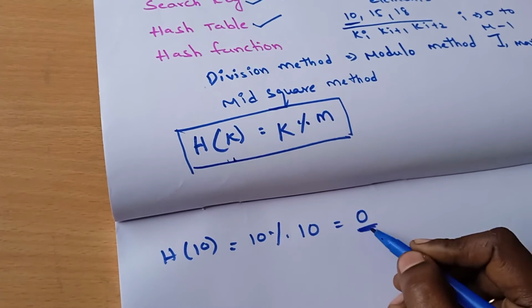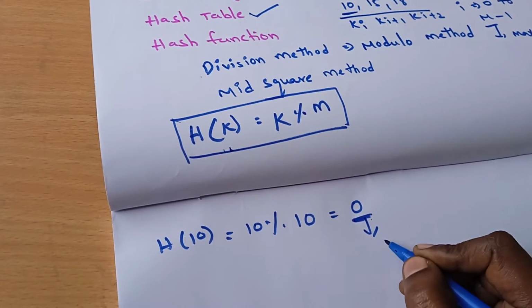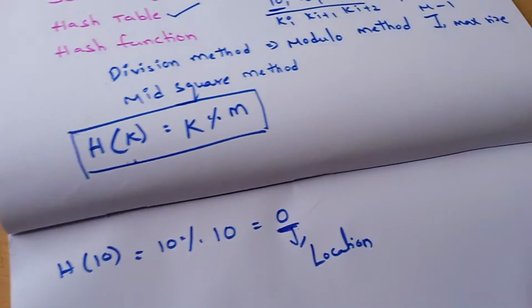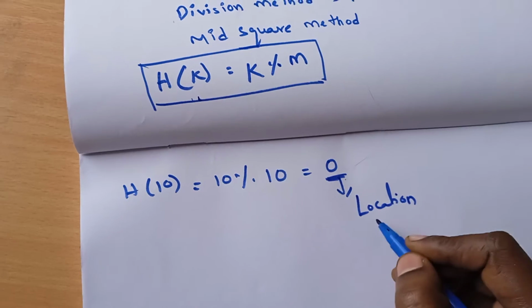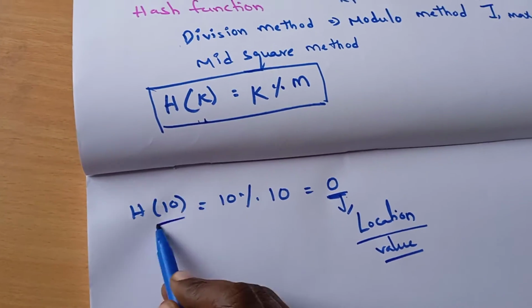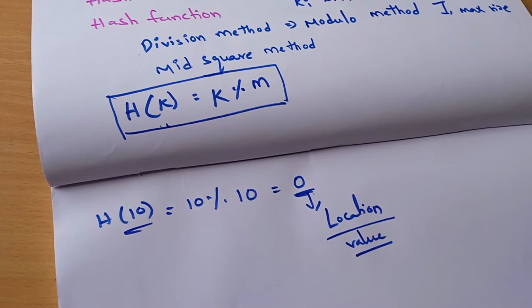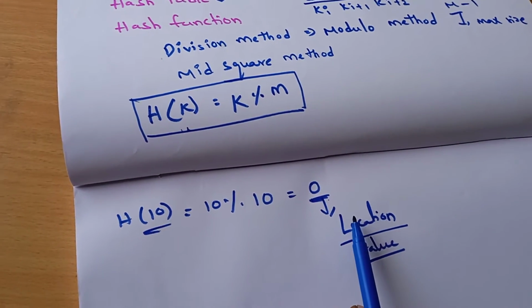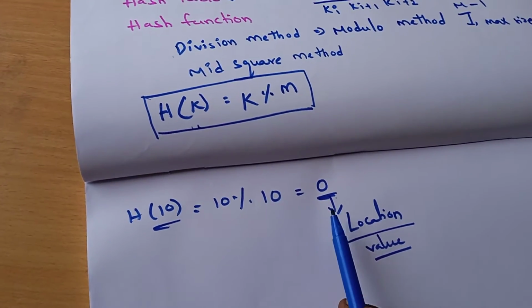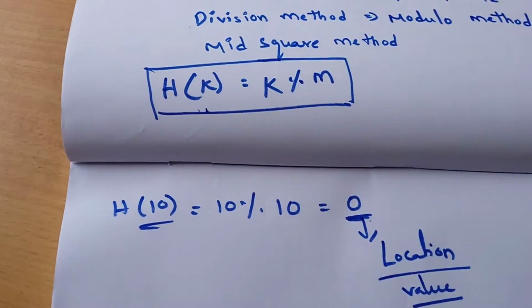This 0 is the location, the value which indicates where to place 10.